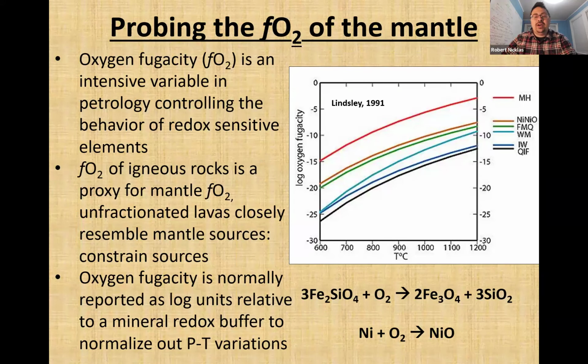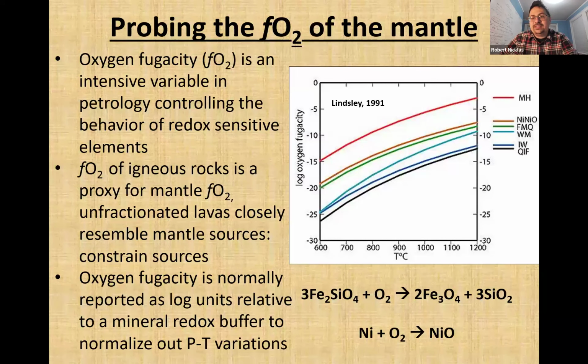I'll talk quite a bit about fO2, or oxygen fugacity in the mantle. For many of you that aren't petrologists, it's good to define that term because it's kind of a nebulous term. Oxygen fugacity is an intensive variable in petrology. It controls the behavior of redox-sensitive elements.